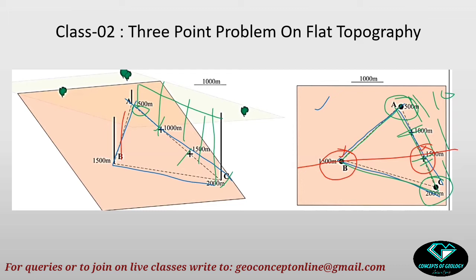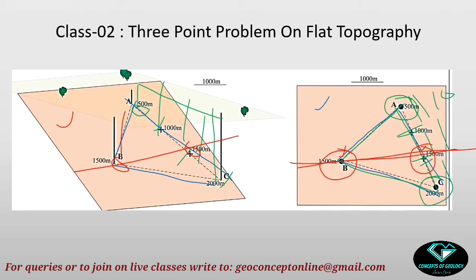What I am actually doing is joining this point and this point by a line. Where am I drawing the contour line? Here I am drawing the contour line on the inclined plane, on the unconformity, so this is a stratum contour, and here I am drawing the strike line on the map, so it is a map strike line.